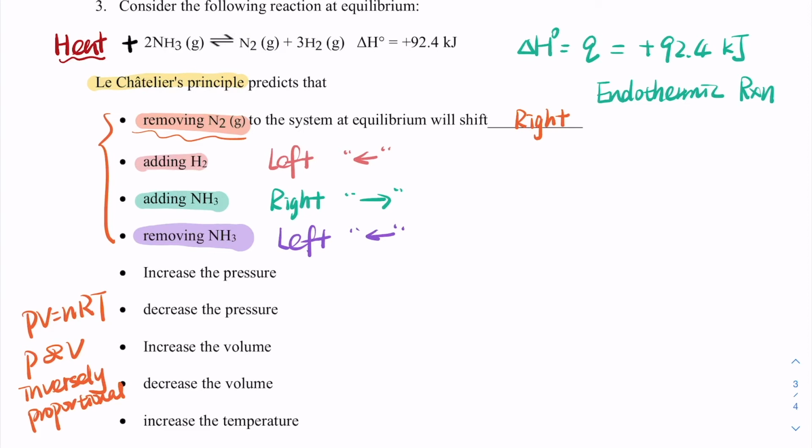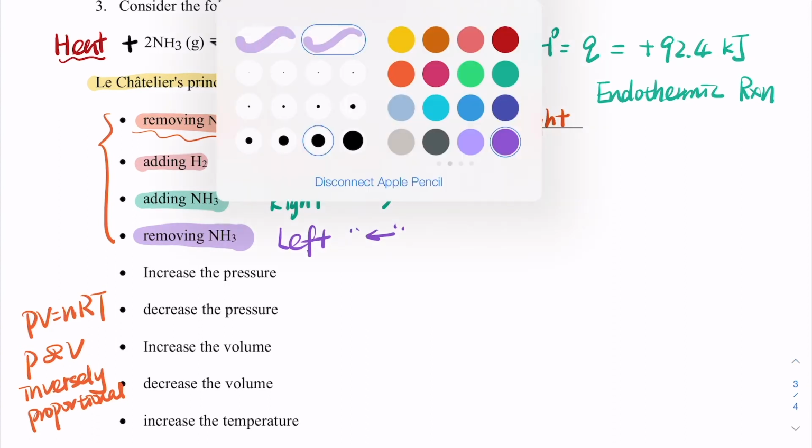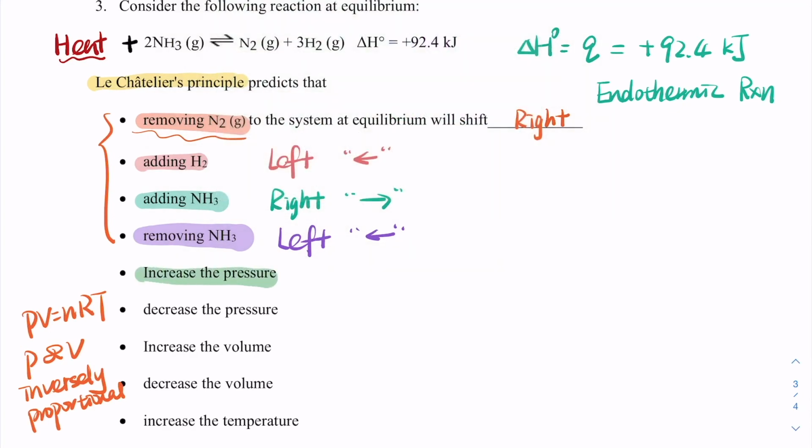Therefore you go, oh, now I see the point. Does that mean if we have increased pressure, then you should have the same conclusion as decreased volume? That's correct, because when you increase the pressure, that equals decreasing the volume.